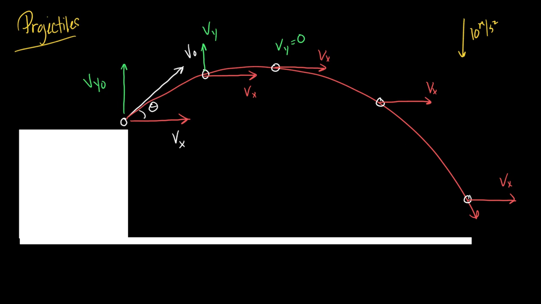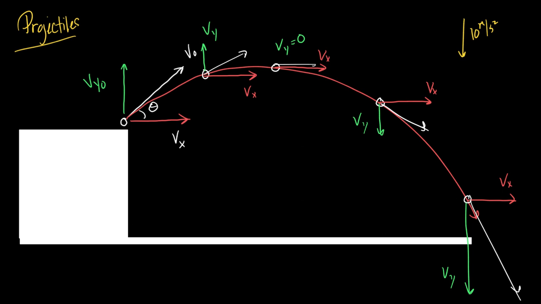Of course, it will eventually turn downwards and have a downwards y velocity. And given long enough, that y velocity could become pretty big. But remember, these are components. At any one time, the object only has one velocity.